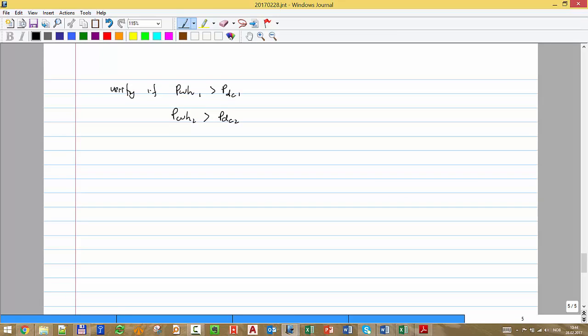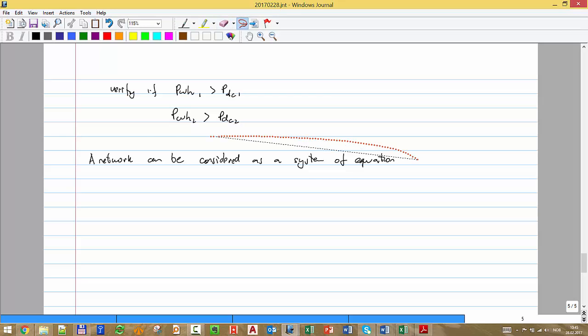Okay. So let's kind of, if you understood that, okay, these two discussions, equilibrium, and then you have also fixed rate. So let's go a bit higher in level and see a network can be considered as a system of equations, but that is only if I have adjustable elements.